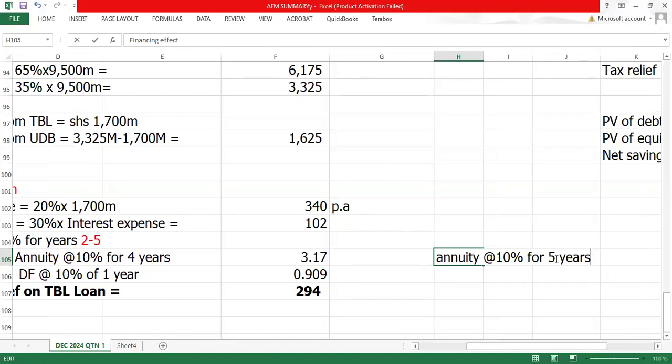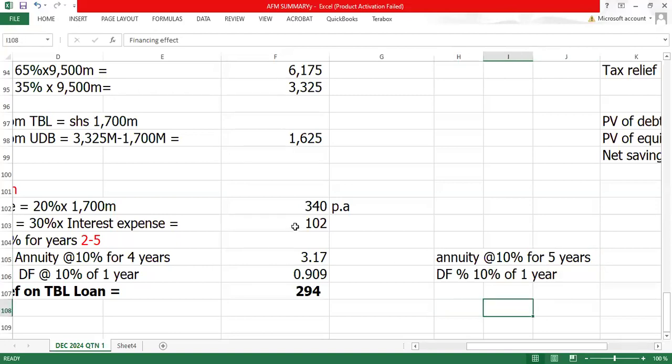When you use 5 years, you subtract the discount factor at 10% of year 1, which is not good.